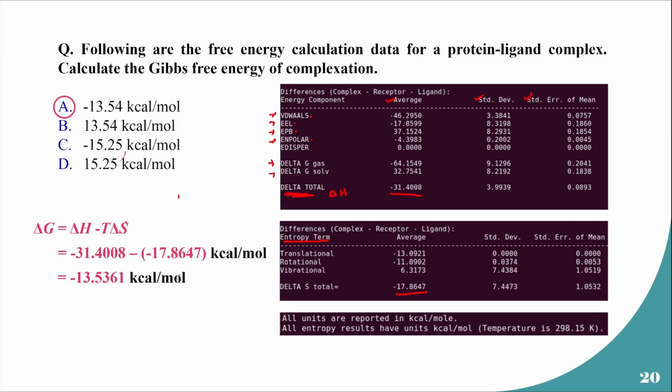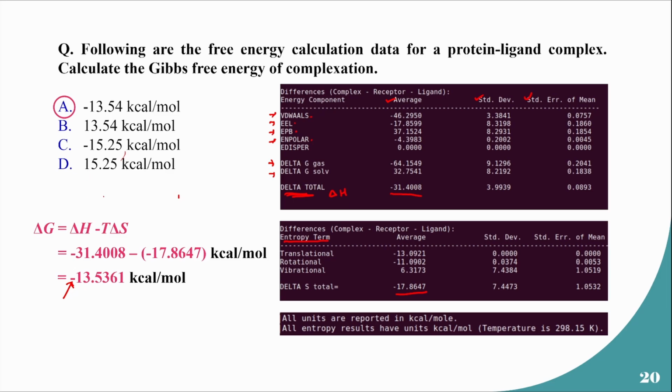Now, of course, one question is imminent here. What does this minus sign indicate? It is the value of minus 13.5361, right? So is there any significance to this minus value in a calculated favorable reaction? Yes.